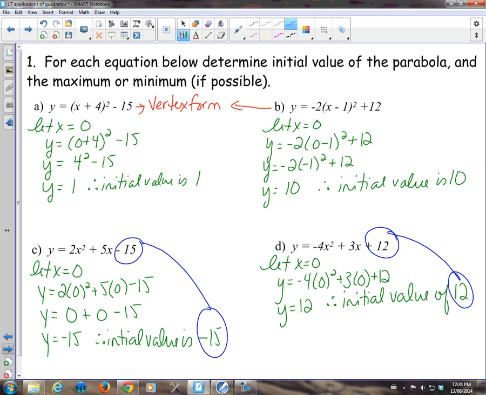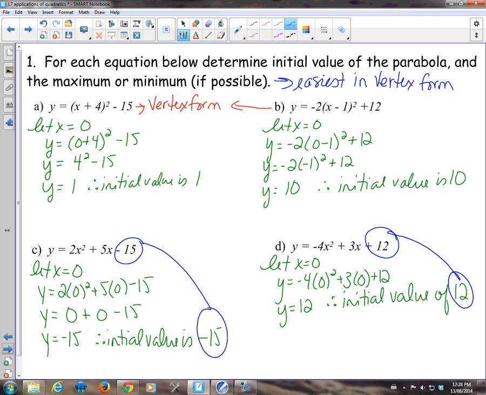So we're going to leave the last two. The maximum or minimum, let's look at the first two. To find the maximum or minimum, let's just write that down. It's easiest in vertex form because the vertex helps us get the maximum or minimum.